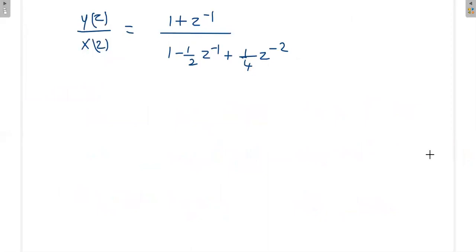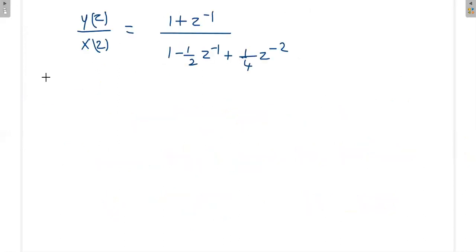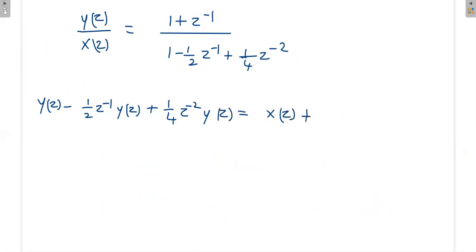So now to operate with direct form 1, we'll take this equation. Y of z minus 1 by 2 z inverse y of z plus 1 by 4 z power minus 2 y of z is equal to x of z plus z inverse x of z.